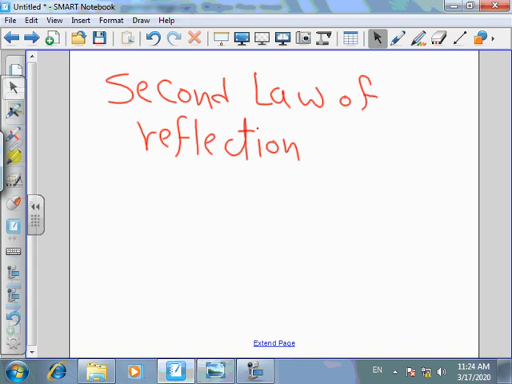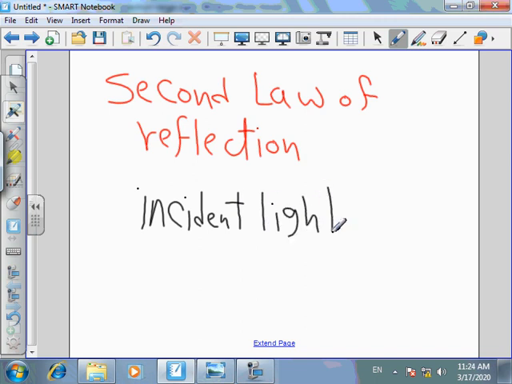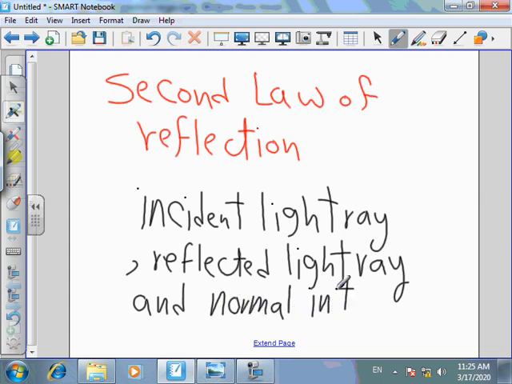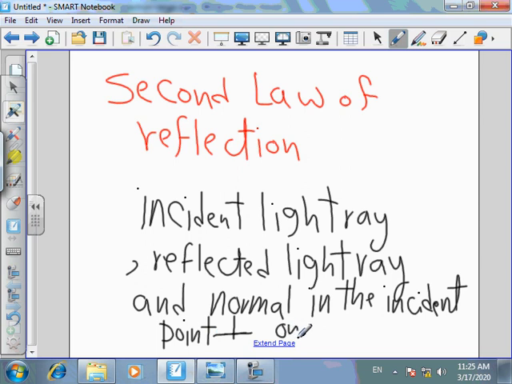You can say that the incident light ray, reflected light ray and normal, at the incident point, all of them are perpendicular on the reflecting surface.